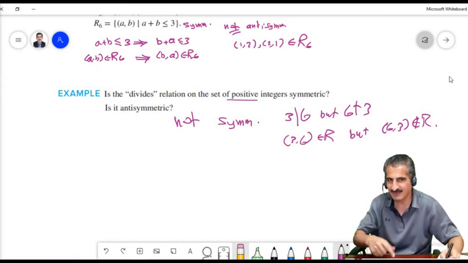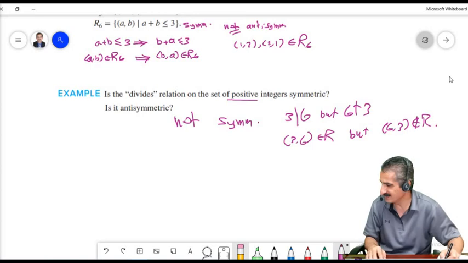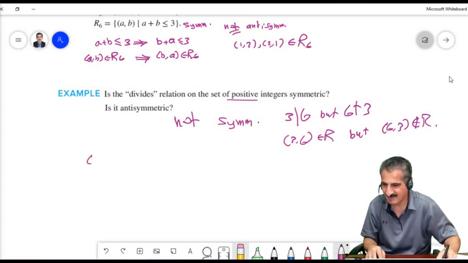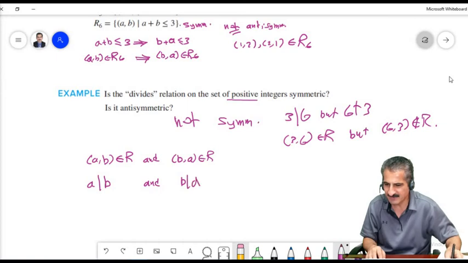If A divides B and B divides A, then we must have A equals B. I mean, if AB belongs to R and BA belongs to R, that means A divides B and B divides A. Then what do we get? Agree? Yes, so it is antisymmetric.